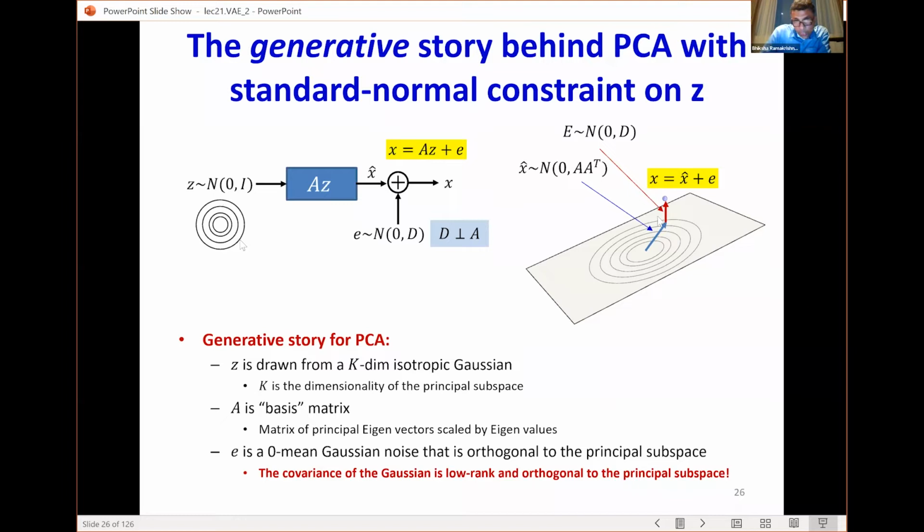Then, based on the coordinates, you find the position, which is A times Z. You draw Z from this isotropic Gaussian and compute X hat, which is the position on the principal subspace, A times Z. Then to this, we add some noise, also drawn from a zero mean Gaussian, but now it is uncorrelated noise with the one constraint that the noise is always orthogonal to the subspace. You add the noise to this point X hat to obtain the final data point. This is the actual model that PCA employs.